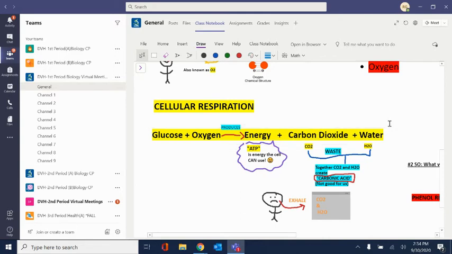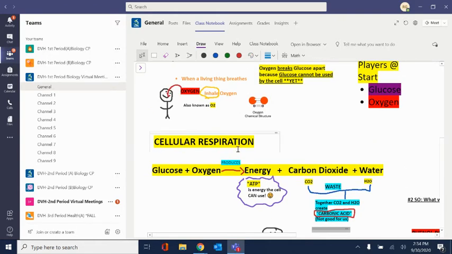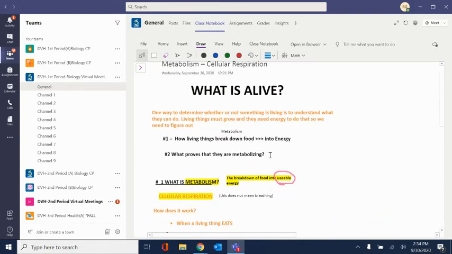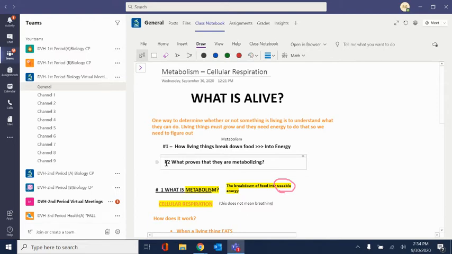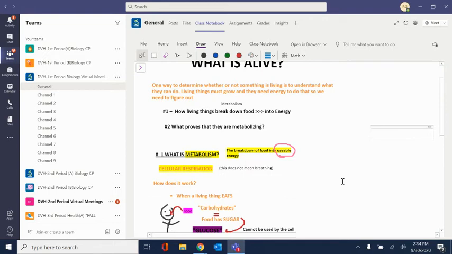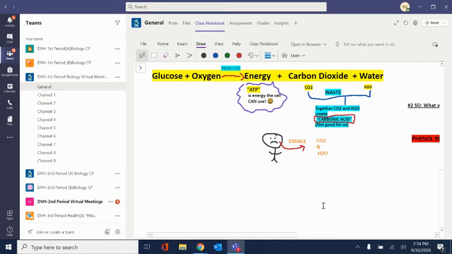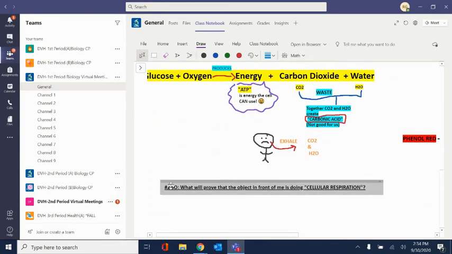We get rid of carbon dioxide and water, and we keep the energy to do life's processes. That is cellular respiration. The other goal was to figure out, how do I prove that a living thing is actually metabolizing, or going through this process of cellular respiration? How do I prove that? And so, here's number two.